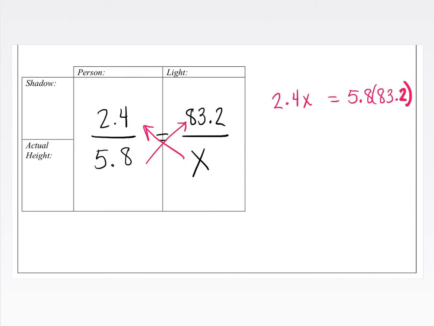Now for this, you can use your scientific calculator. I'm going to head on over to Desmos because I cannot do some of this math in my head. On the left-hand side, 2.4x still is going to be 2.4x. And on the right-hand side, 5.8 times 83.2.